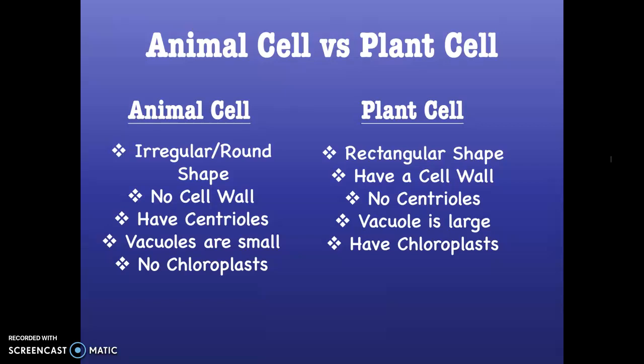One of the distinguishing things about plant cells is they do have special organelles called chloroplasts. Chloroplasts contain a pigment called chlorophyll that can absorb sunlight. So this allows plant cells to make their own food. So, big, big difference between animal cells and plant cells: the presence of chloroplasts.